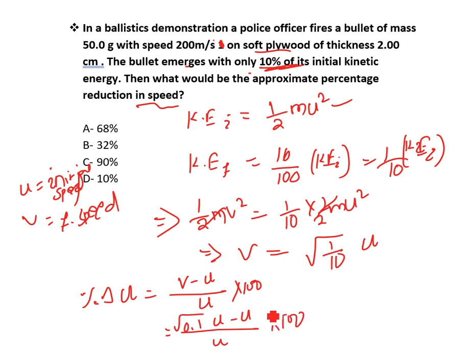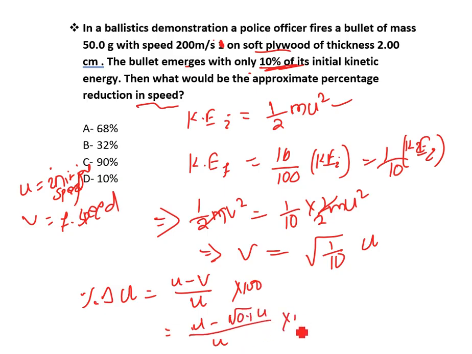If I calculate this, I will get a negative answer because the speed is reducing, so I can use the opposite way and take u minus v by u. So it's u minus root over of 0.1 u divided by u into 100.